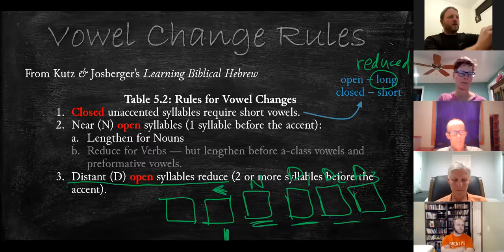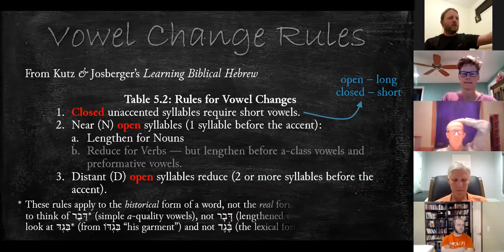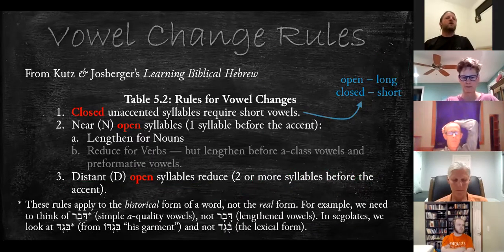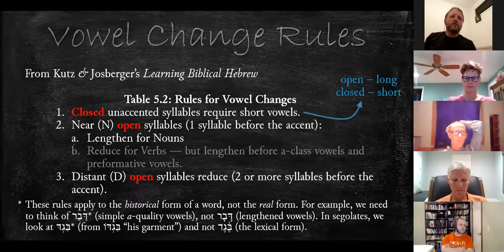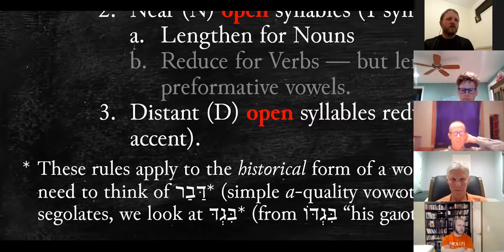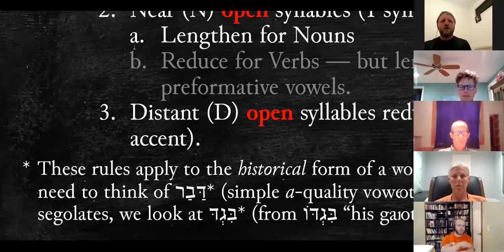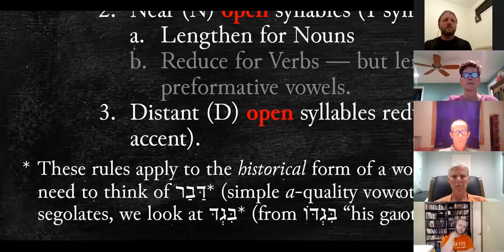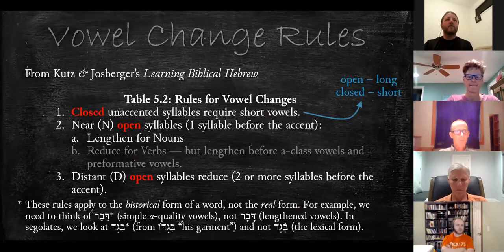These rules apply to the historical form of a word, not to the real form. For example, we need to think of davar. You see patach, patach. There is no word in the Hebrew language that's going to have patach, patach like this. Why do we do this? Because historically we had 3 vowels, a, i, u.